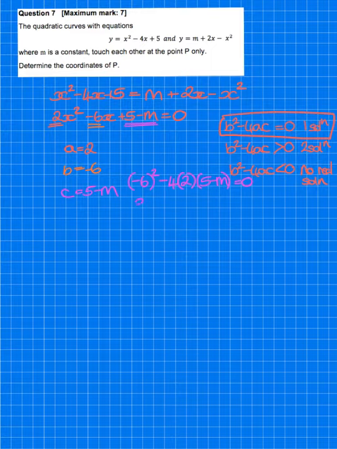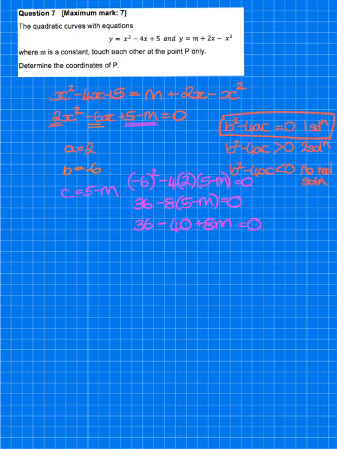So we've got 36 minus 4 times 2 is 8. And I'll leave the 5 minus m there. That's 36. Expanding this out, 8 times 5, that's minus 40. Minus 8 times minus m, that's positive 8m.